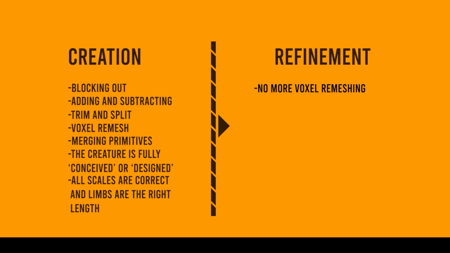So as you're in refinement, you must stop voxel remeshing, because each time you do that, if you've got a multi-resolution model, the minute you voxel remesh, you're going to lose that, and you'd have to find a way of projecting that back on, which again is not simple in Nomad. So refinement is about the detail, and you're only going to be able to subdivide it up.